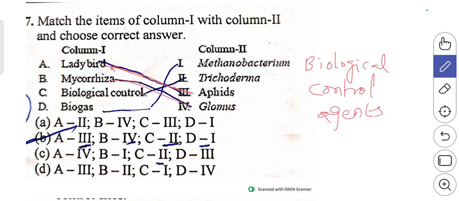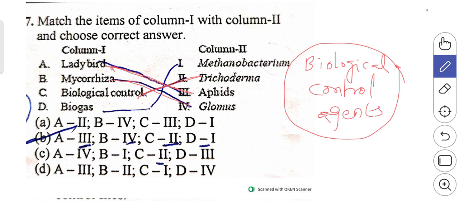I think I said it as a biofertilizer. Sorry for the mistake. Here, ladybird is one of the biological control agents, where it kills aphids. Then mycorrhizae will form a glomus with the root nodules. Then biological control, that is trichoderma. Again, trichoderma is one of the fungal species.